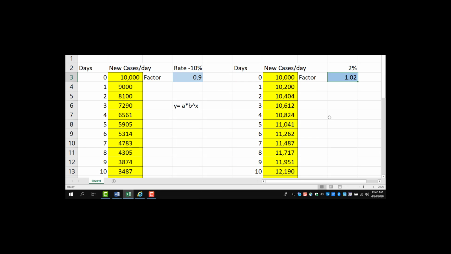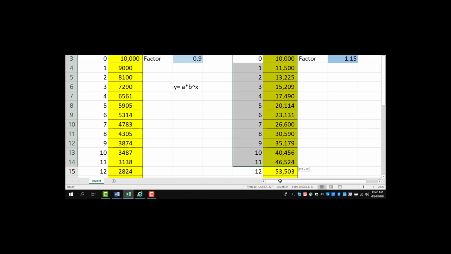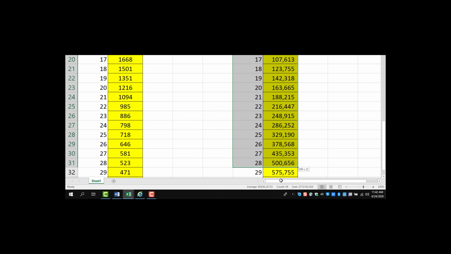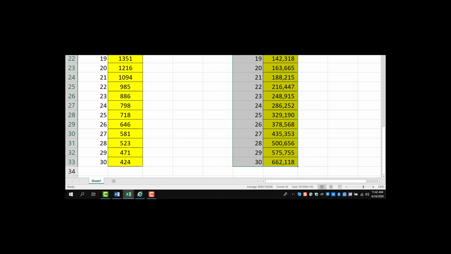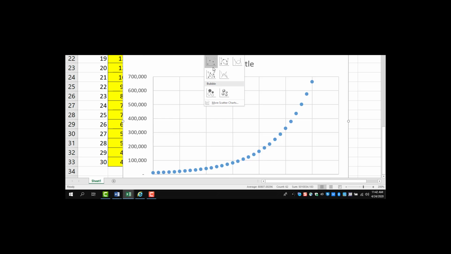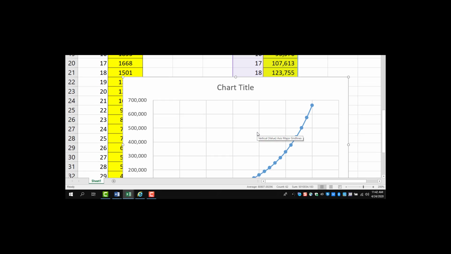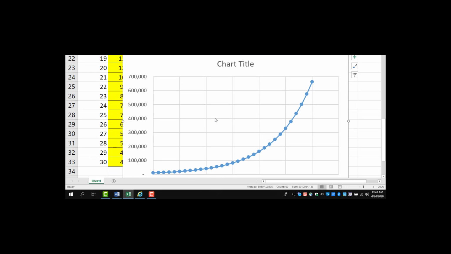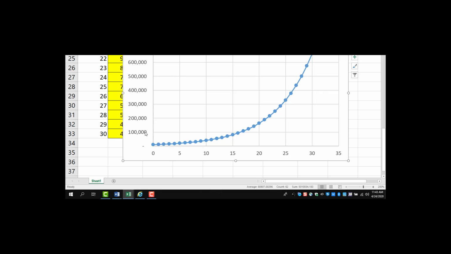Now I'm going to switch this to 15% and regraph that exponential growth. You can see how much steeper the curve is, right? When they talk about flattening the curve, they talk about having it go up less steeply, right? Days down here, cases.